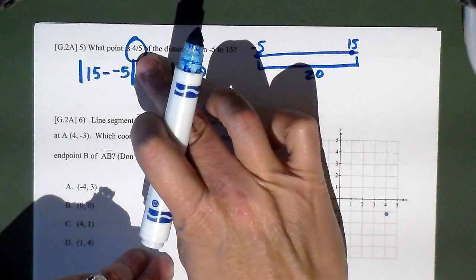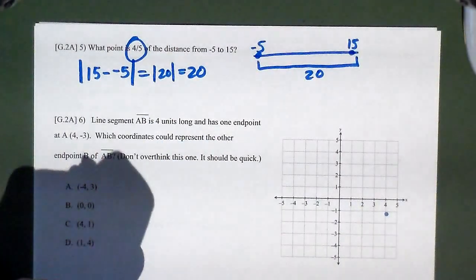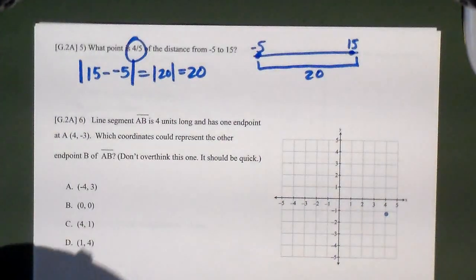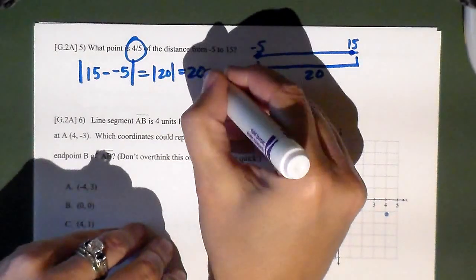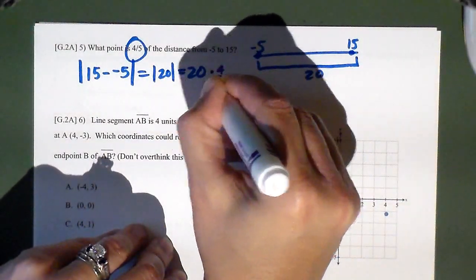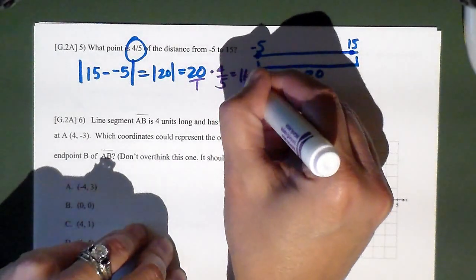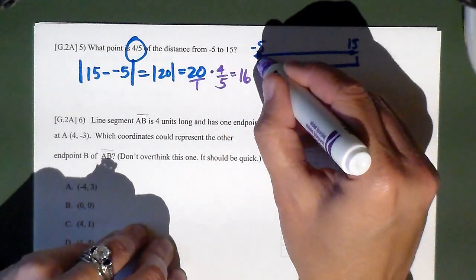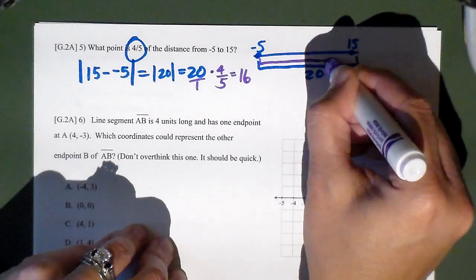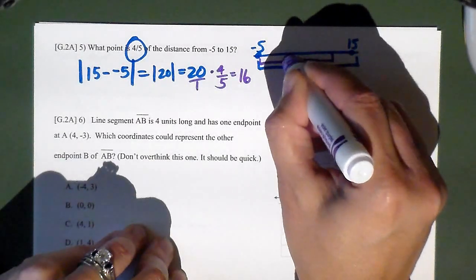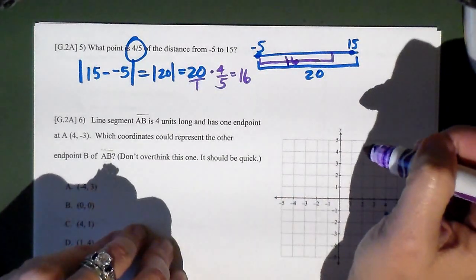But I don't want 20. I want 4/5 of 20. So I'm going to multiply that 20 times 4/5, and you get 16. So I want to know what point is 16 units this way, 4/5 of the distance.